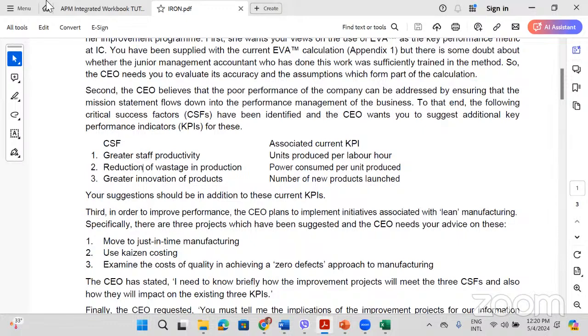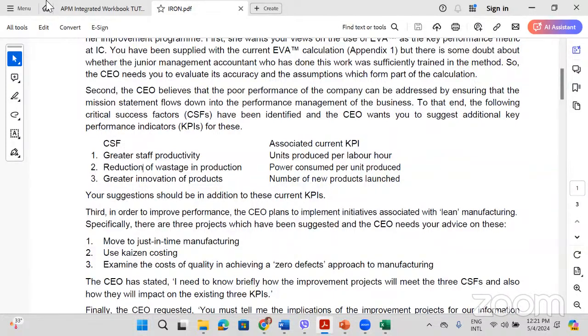Revenue. So number one, units produced per labor hour. The issue is there are different types of labor, skilled, unskilled, semi-skilled. So we won't know whose output is better. That's the problem.